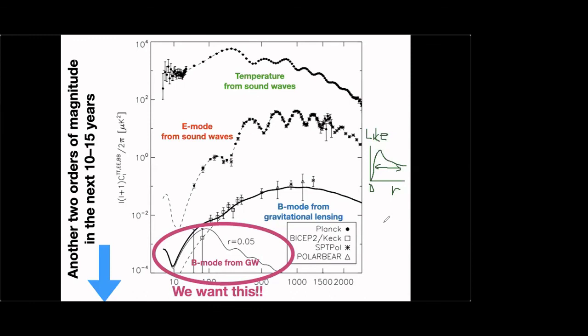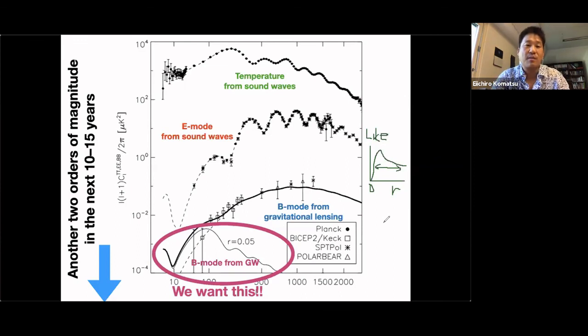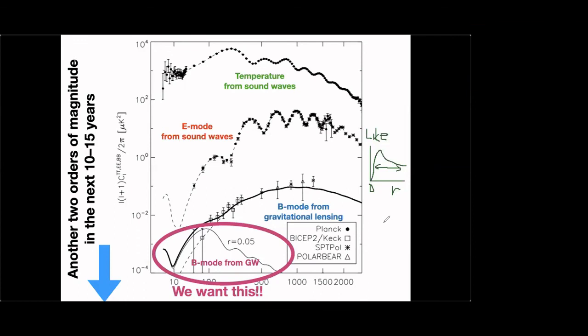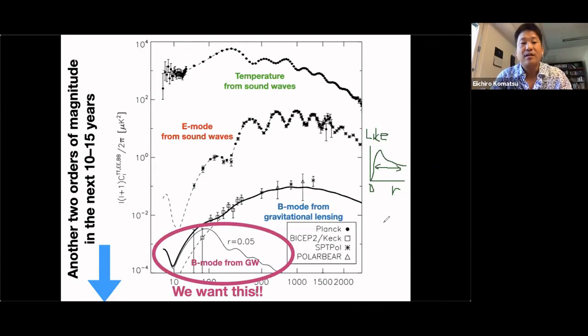You don't need to cool that much because these are superconducting detectors. As long as materials are at the superconducting level, you don't need to cool any further. Our detectors are kept at a temperature of 100 millikelvin, so 0.1 Kelvin, and that's sufficient. We don't have to go below that.